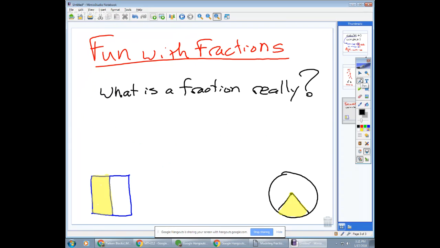All right, so anybody want to take a stab? What is a fraction? Not a whole number. That's the part. Okay, what else? It's a portion. Okay. Part of a whole.